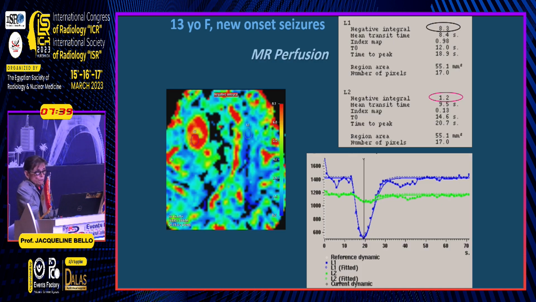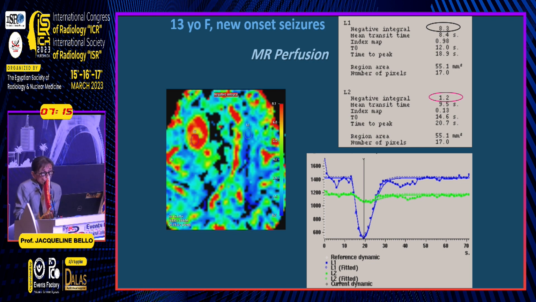Now we'll look at perfusion of that lesion, and we see that the blue circle in the lesion demonstrates significantly more perfusion than a circle in green placed in the same region on the opposite side. And that's the green graph here.